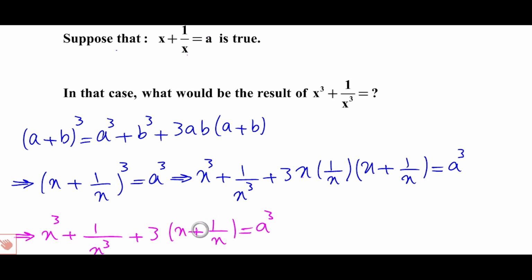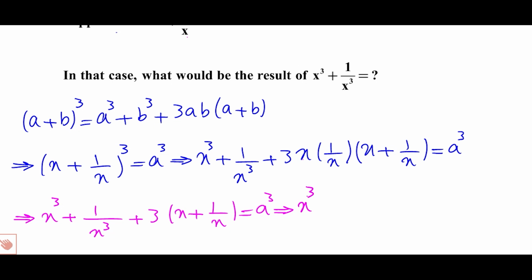So we get 3a. So x cubed plus 1 over x cubed is equal to a cubed minus 3a, because x plus 1 over x is equal to a.